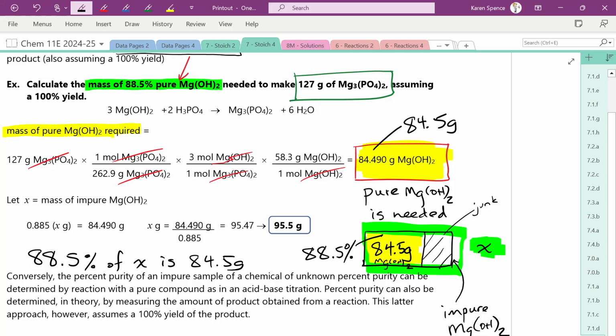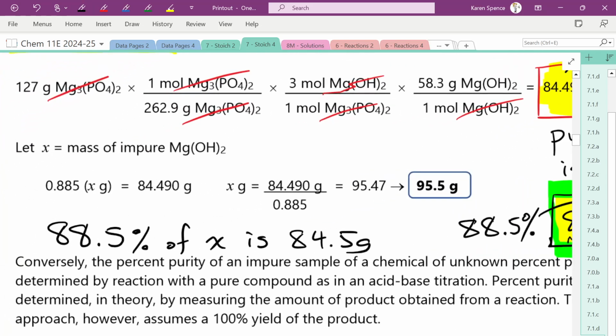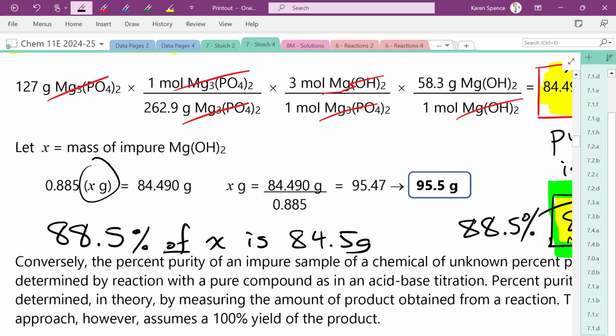And what does "of" mean? "Of" means multiply. Look, 0.885 times X. Yes, of X. So I've multiplied and we get 84.5. And now we can just solve for X. Good? Okay, so you would just do the algebra and solve for X and you get 95.5 grams.